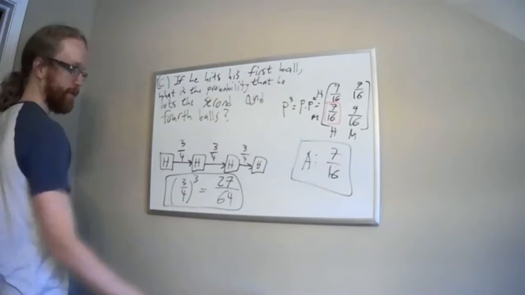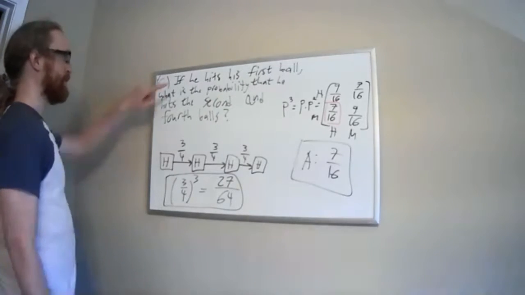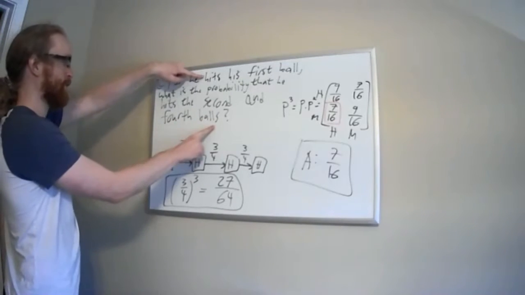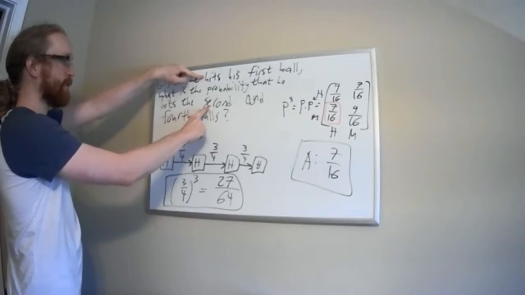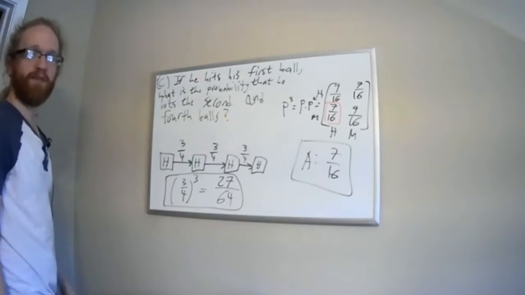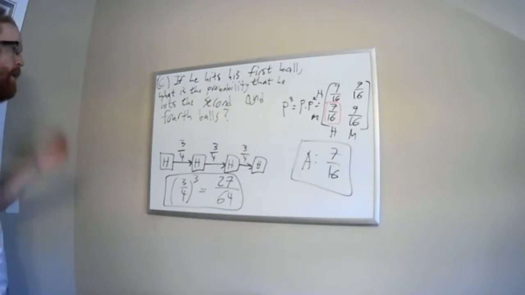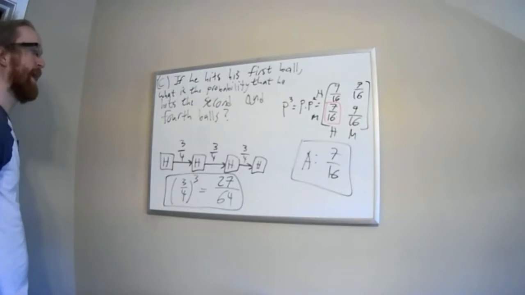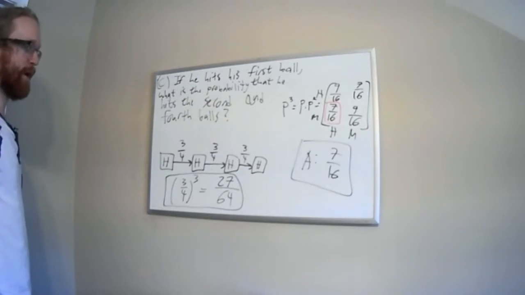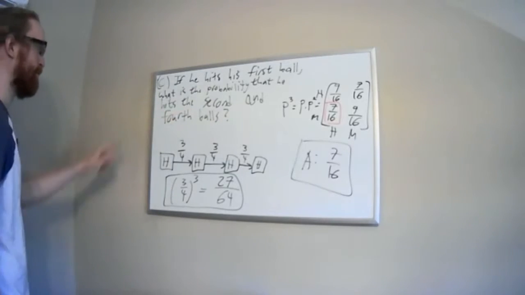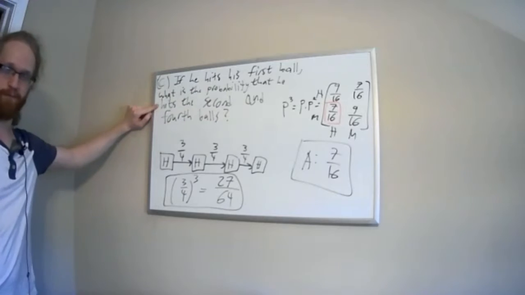Okay. So this is a lot like the last one in the sense that not only am I specifying the beginning and the end, I'm also specifying one of the outcomes in between. I'm specifying what happened on the second ball, for example. And so again, in this situation, I don't really want to use the matrix anymore because I'm not just saying what happens at the beginning and the end. I'm saying that something specific has to happen in the middle, in particular, he's hitting that second ball too.